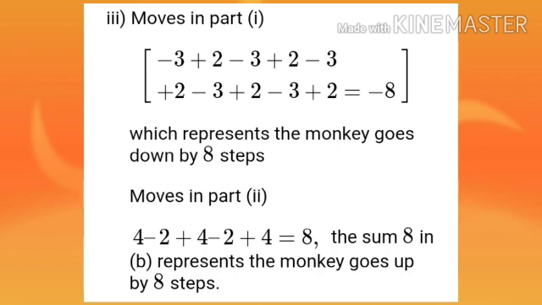So minus 3 plus 2: 3 steps down and 2 steps up. The sum of all these jumps is minus 8, which means the monkey goes down by 8 steps. In part 2, he moves 4 steps up and 2 steps down. When it moves 4 steps up, it is represented by a plus sign, and when it moves down, it is represented by a minus sign. Therefore, the sum 8 in B represents the monkey going up by 8 steps.